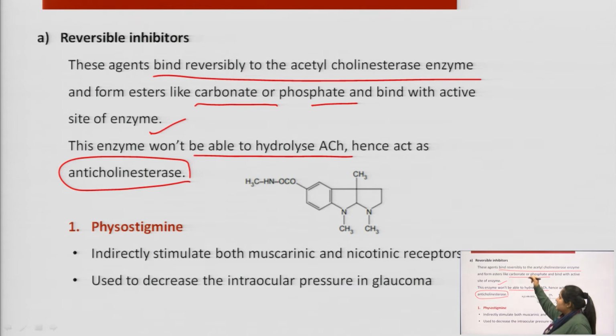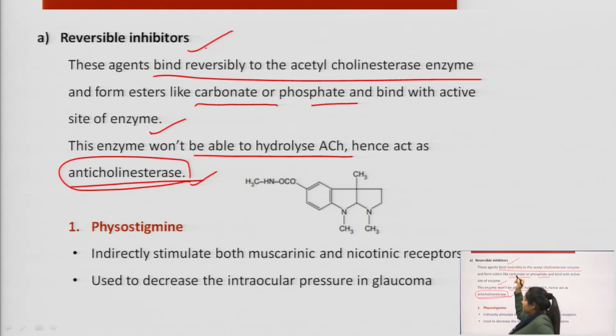So, these inhibitors, both reversible and irreversible, are known as anticholinesterases. Anticholinesterases are actually cholinergic in nature.